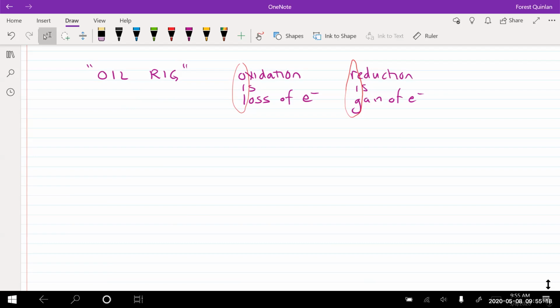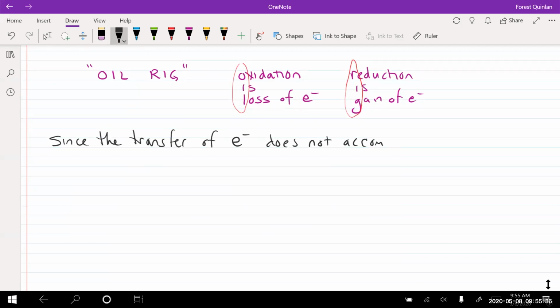So let me point out that since the transfer of electrons does not accomplish much, except to get it fuzzy, we have to do something to get that work out of it.